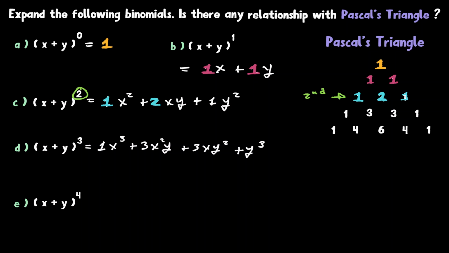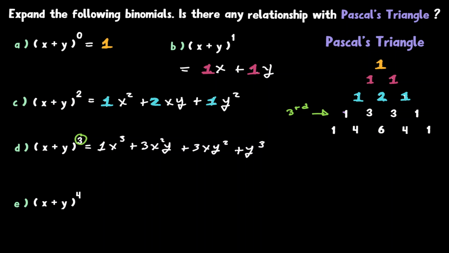And the next value in the second row of Pascal's triangle matches with the following term in the expansion. When we're multiplying to the third exponent, and I take a look at the third row in Pascal's triangle, we have the same relationship.